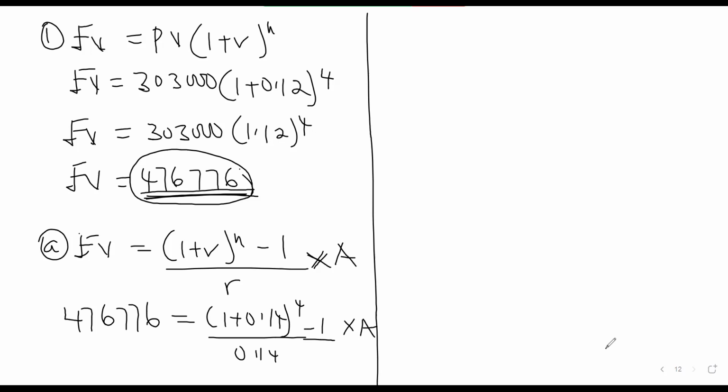Do you want the final value or the breakdown? Give me the breakdown. Okay, so the breakdown for 1 plus 0.14 exponent 4, minus 1, divided by 0.14, is 11.06.